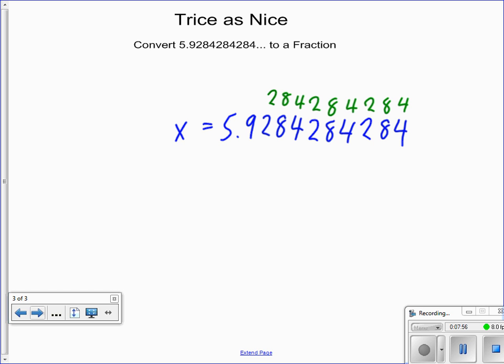The problem's going to be to get the next number the same here. It'd have to be a 4. And then 8, and then 2, then we go 9, 5. So I'm moving that decimal 1, 2, 3 spots. Multiplying by 1,000.